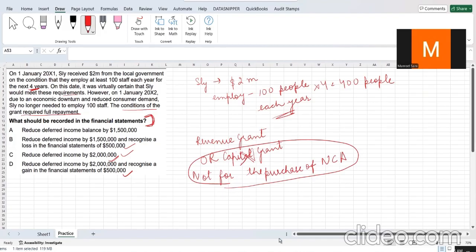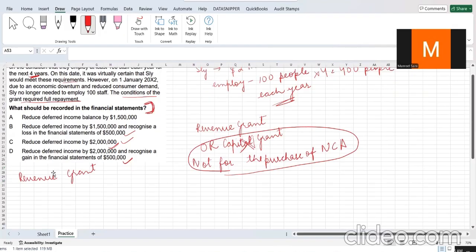So, now, what should we, 1 minute, guys. Okay. So now, this is a revenue grant. Okay. So now for revenue grant, what was the entry that they passed initially?